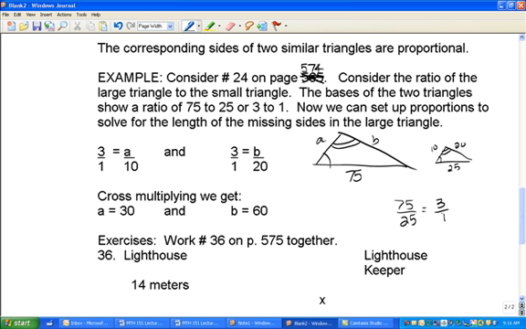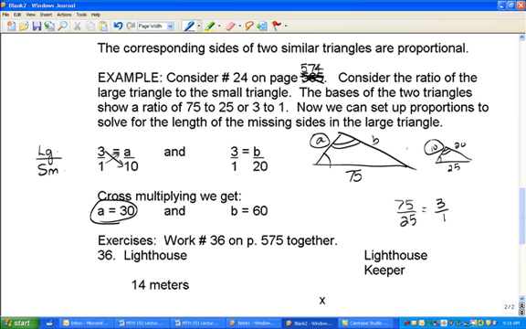So when we're going to look for the length of side A, what I'm going to do is put large over small. So 75 over 25, or 3 over 1, equals large to small, A to 10. We do our cross products. We get A is 30.